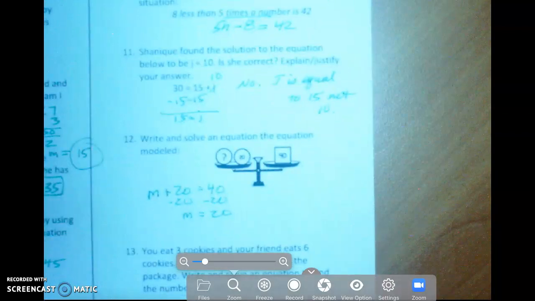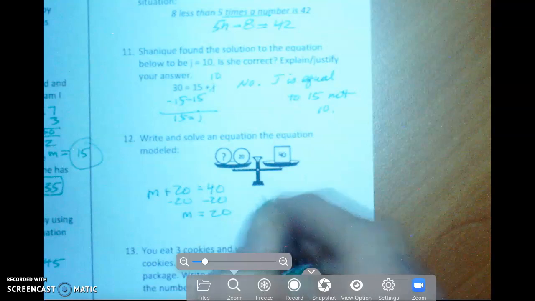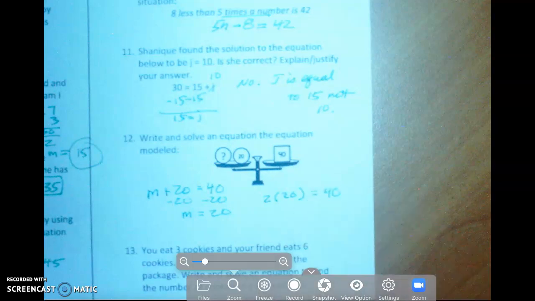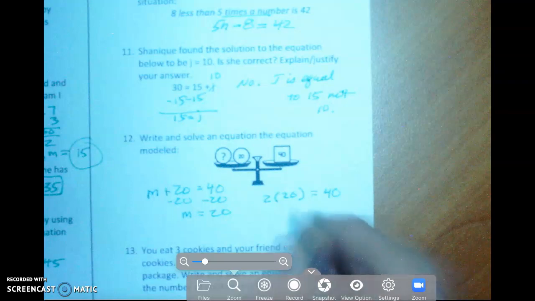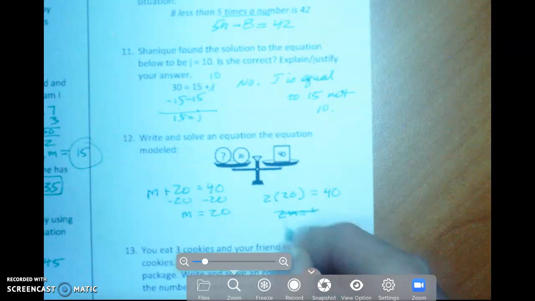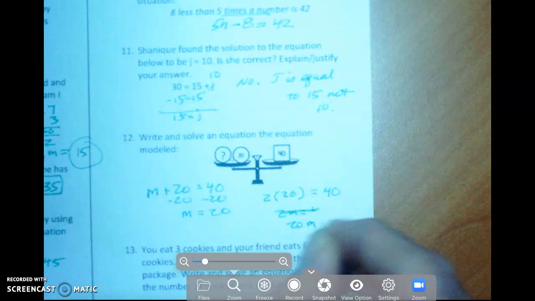Some people might think, well, I want to do this this way. 2 times that 20 would be equal to 40, and that would work. So you could say, your answer might be 2m equals, sorry, it's not 20, it's 20m equals 40, and that would be fine too.